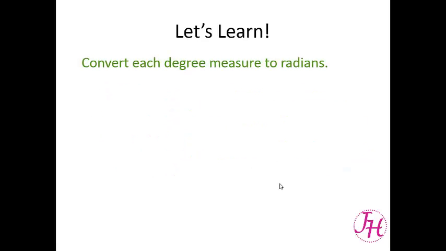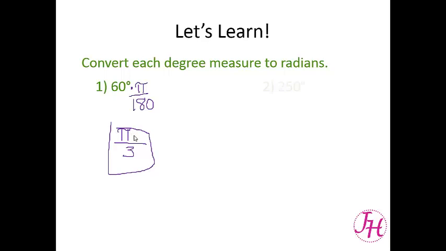Convert each degree measure to radians. So here we have a 60-degree angle measure, and we want to convert to radians. We're just going to multiply by pi over 180. Then 60 over 180 reduces to 1/3, so we get pi over 3.